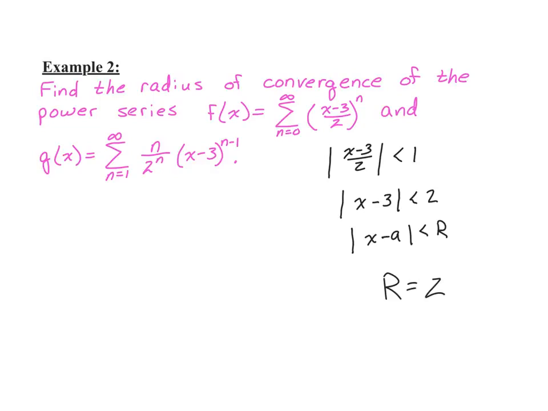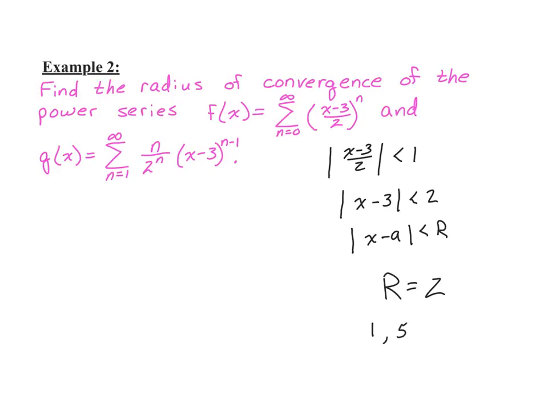All right, so if this series is centered at 3, that means 2 units to the right of 3 and 2 units to the left of 3. That would give us our interval of convergence. So our interval is going to go from 1 to 5.